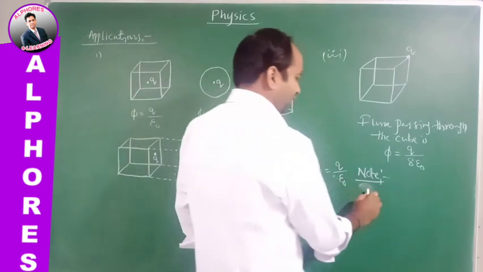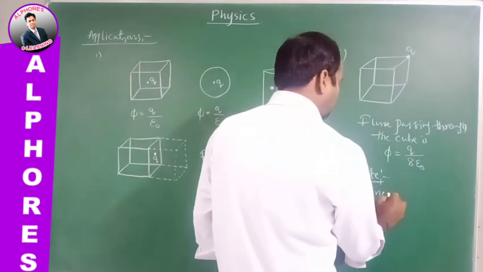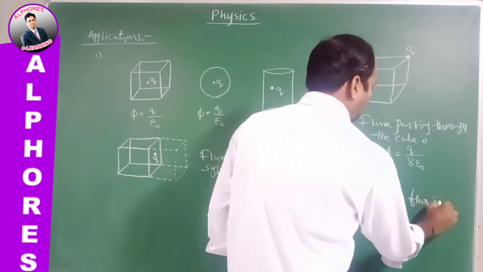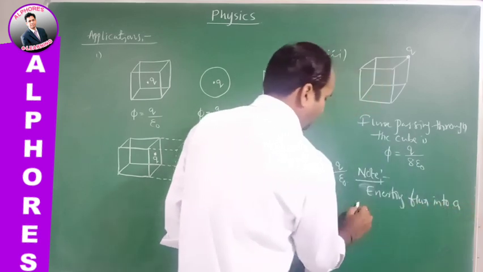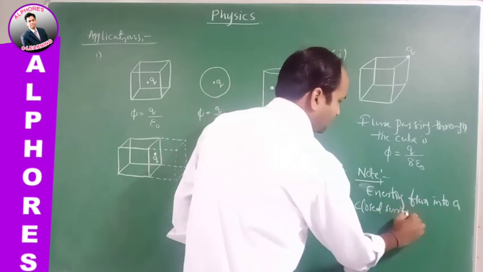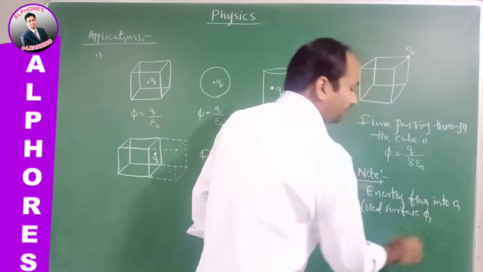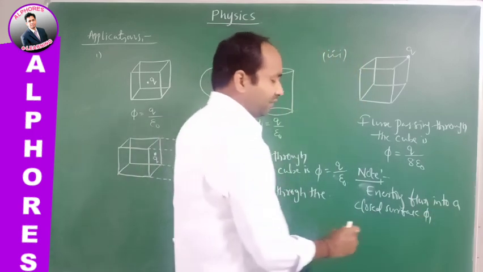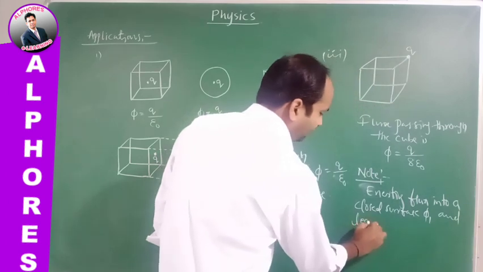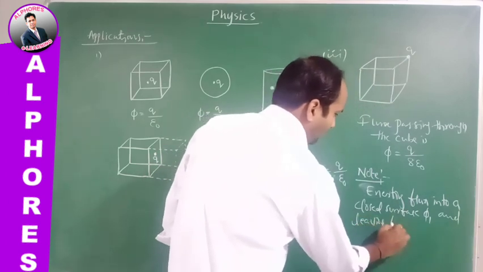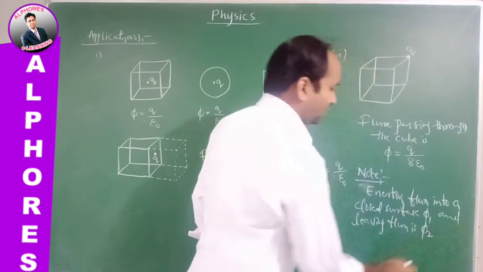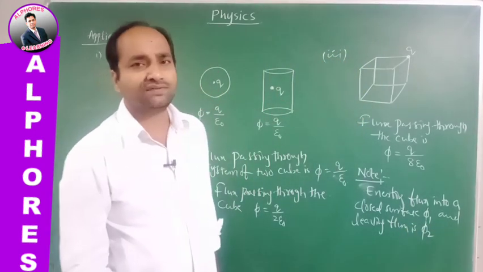Entering flux into a closed surface is phi 1. Okay. And leaving flux is phi 2. Entering flux is phi 1, leaving flux is phi 2.